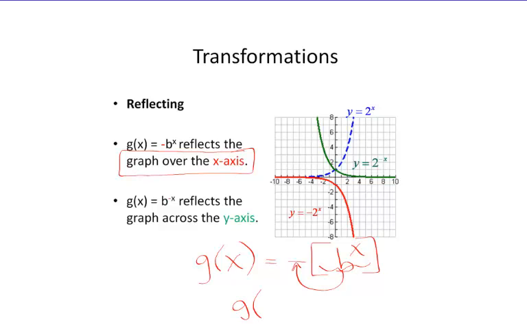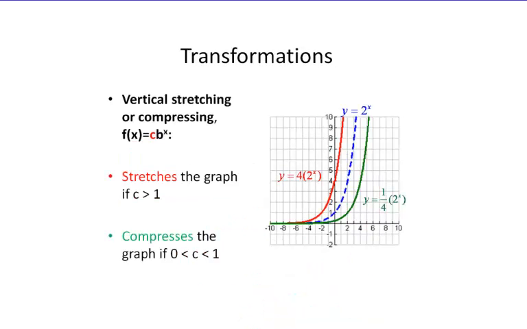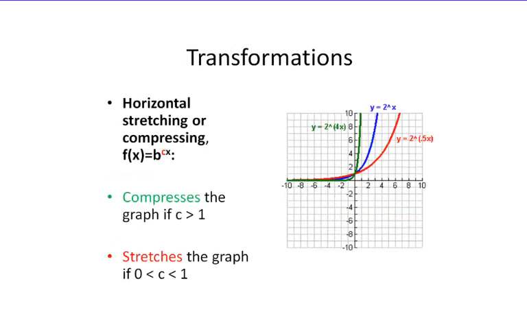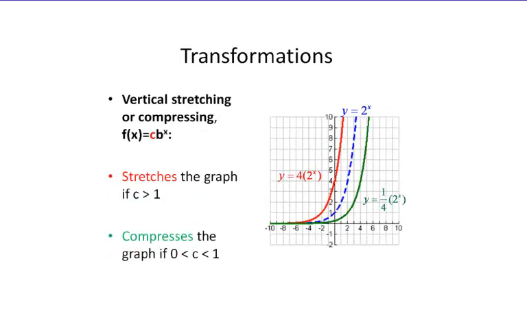When we take that function and we put the negative inside the operation, everything that was a positive input value is now a negative input value, and everything that was negative now becomes positive. In effect, just like the other functions, that is going to evidence itself by a reflection over the y-axis. So these exponential functions act exactly the same as all the other parent functions that we saw.